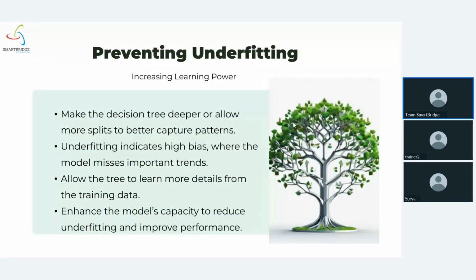Preventing underfitting: to prevent underfitting, first we need to check whether the underfitting is because of high bias or not. If it is because of high bias, then we need to train the model again and again with precise data. We also need to make the model deeper, and split with more patterns so that it captures better.